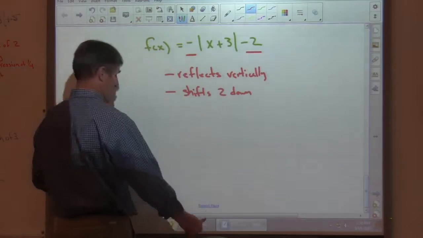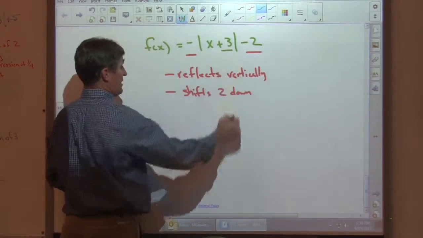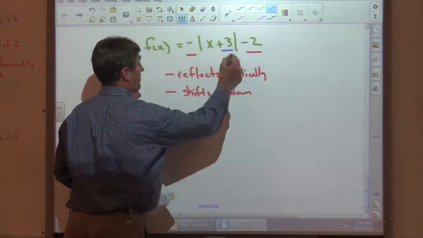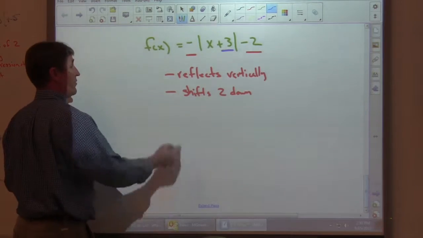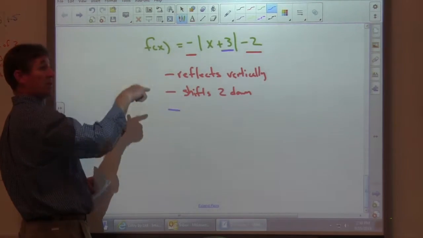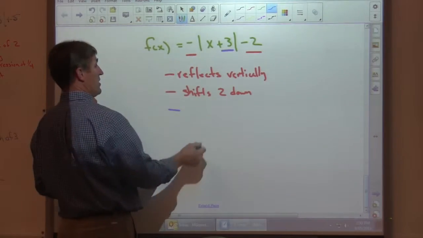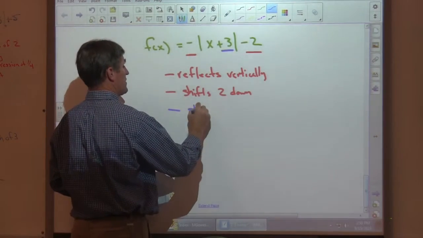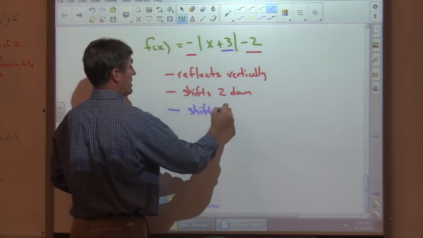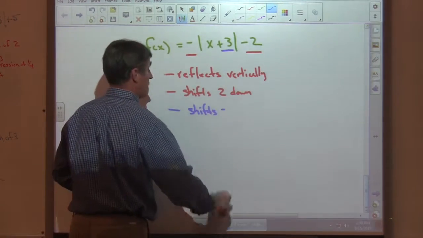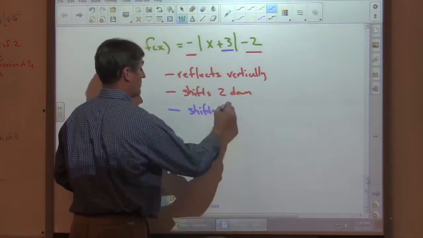And the last thing to take care of is the stuff inside. So the 3, remember inside it's the inverse of what it says, so it's -3. It's added, so it's a slide. So that would be shifts left 3.